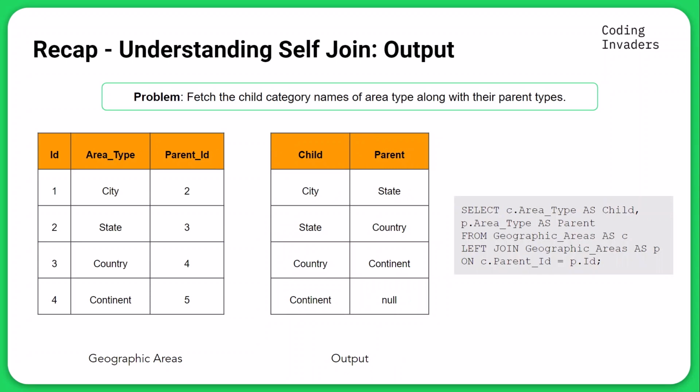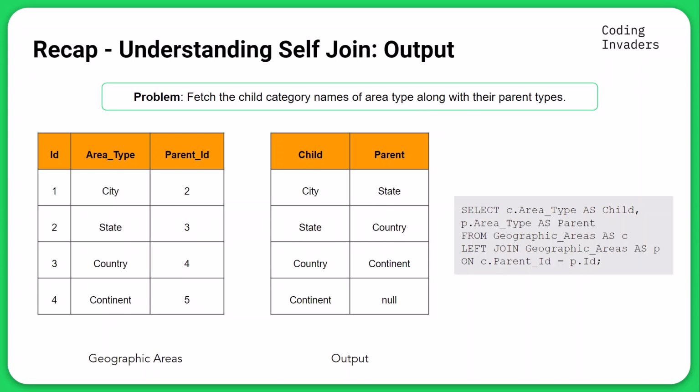So we performed a left join to ensure that city, state and country along with continent show up in our final output. In short, we got the parent names by matching the parent ID value with the ID column.